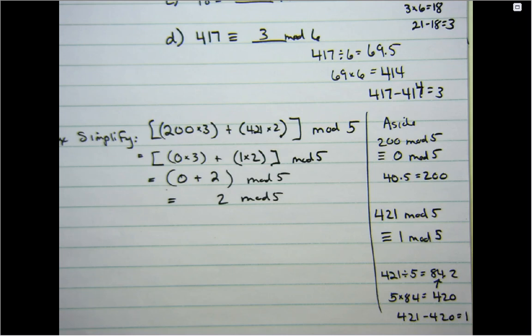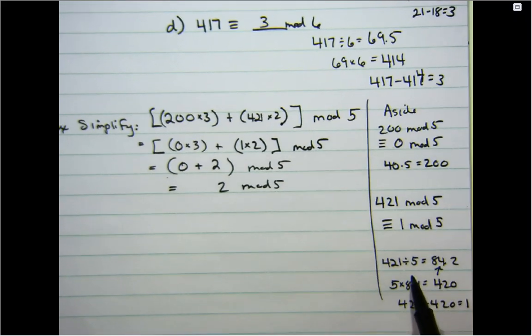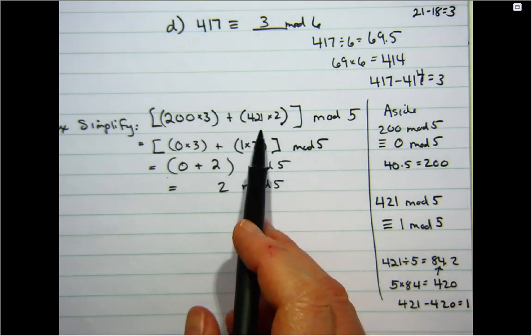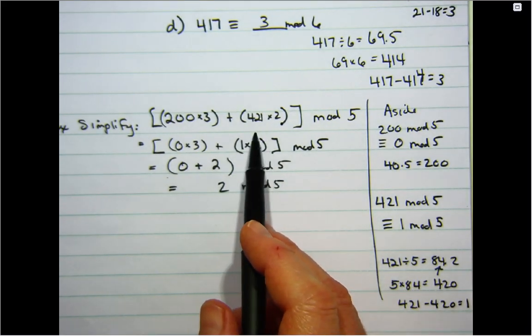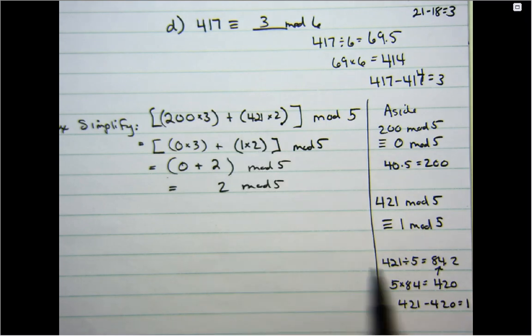Yes? I didn't catch the 421 divided by 5. So multiplied by 5 and not the decimal. So we're changing 421 to mod 5. And so when we divide out 5, then we get 84.2.